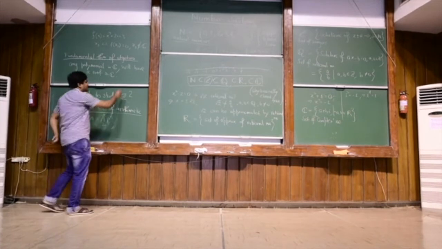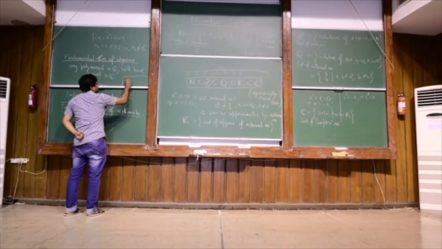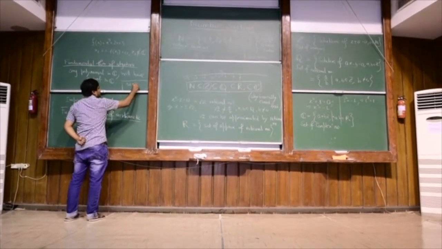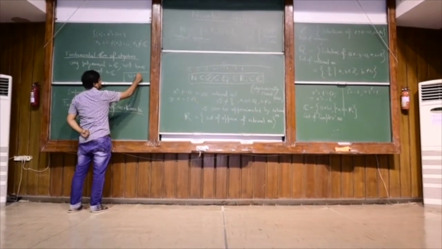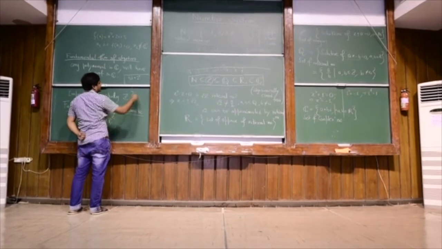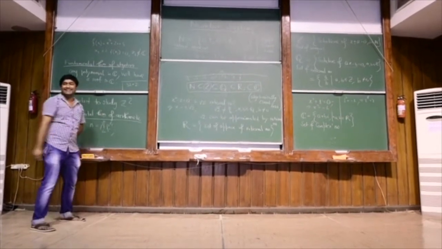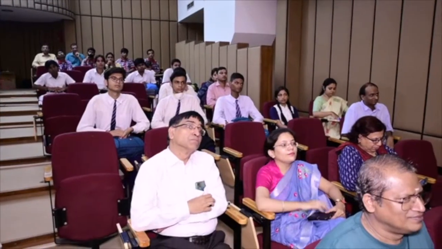So in some sense, if it is 32, then this is 2 times 2 times 2 times 2 times 2. And 15 would be 3 times 5 in a similar way.